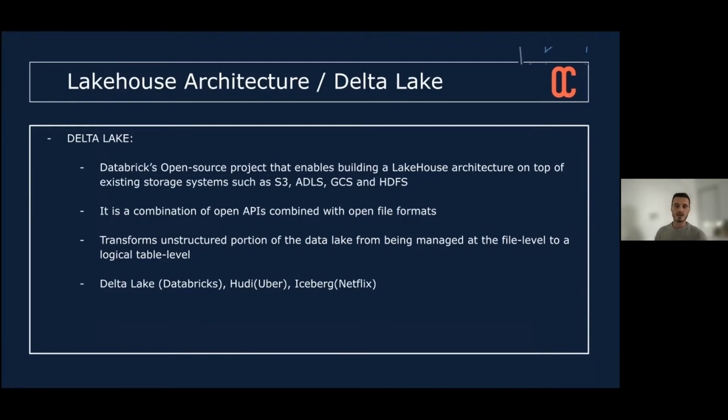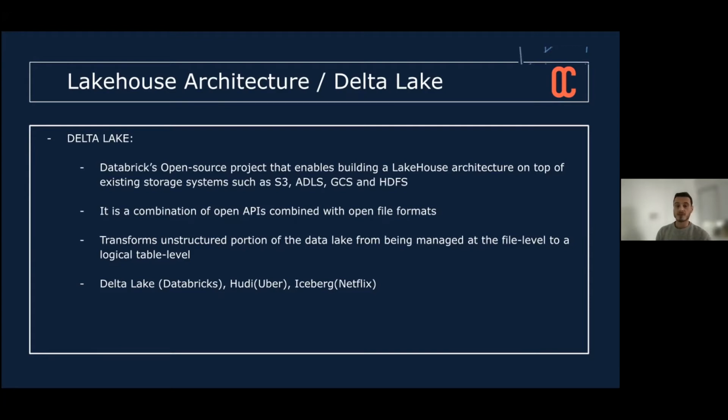Okay, so now that we covered the data warehouse and the data lake, we can look at Delta Lake. Now we're moving into Databricks territory. Databricks Delta Lake is an open source project that enables building a lakehouse on top of existing storage systems.